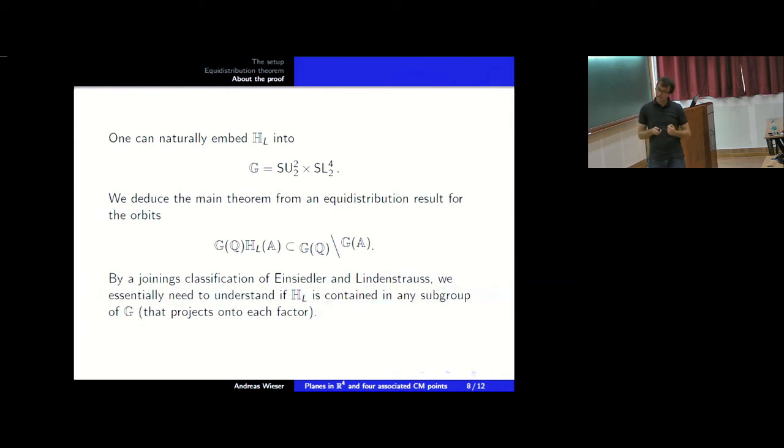And what you need to do, again, I'm cheating, is rule out that HL is contained in any subgroup that would look like a joining for G, okay? So it's any algebraic subgroup that would project onto each factor of G, okay? And actually, you need to rule this out in every pair of factors.